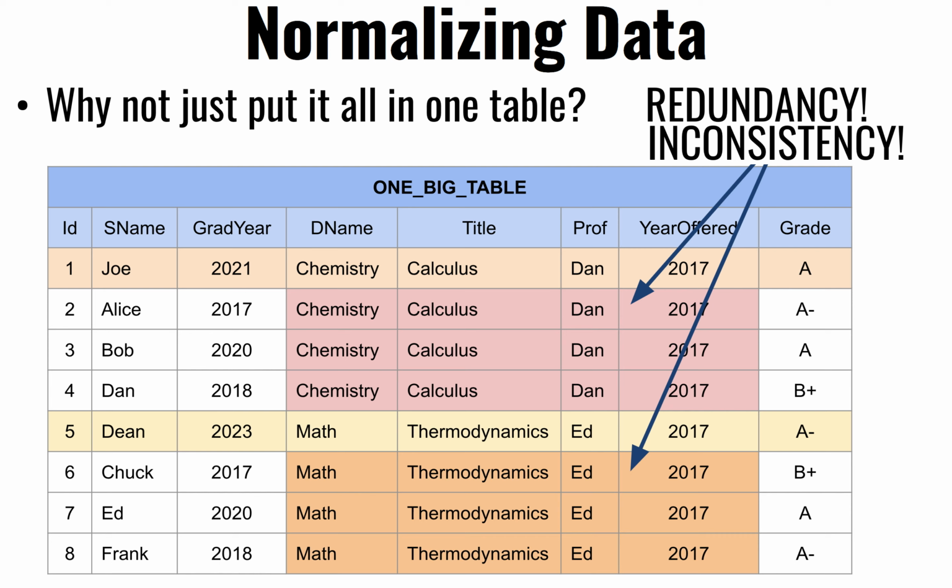If we would have done that, very naively perhaps with just one big spreadsheet, and started filling out the fields, we might have noticed that we have lots and lots of repeating information, of thermodynamics being repeated over and over and over, and the professor and the year and the department name.